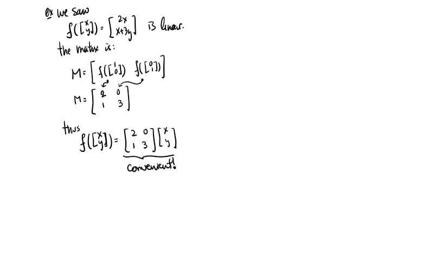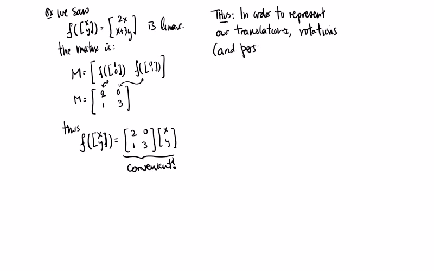So this takes us back to where we were. We wanted to represent rotations, translations, and perspective projections, which we commented on, by matrix multiplication. What that means is they need to be linear, right? So here's the deal. In order to represent translations, rotations, and perspective projections by matrix multiplication, they need to be linear.